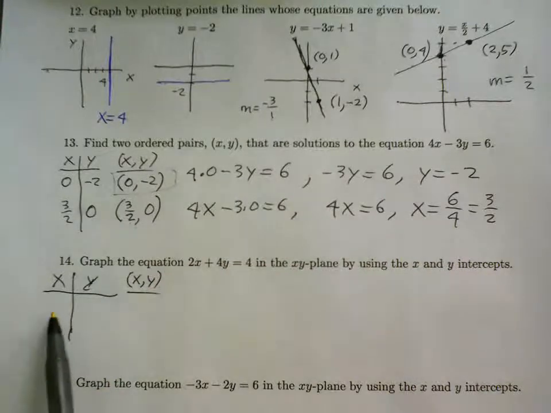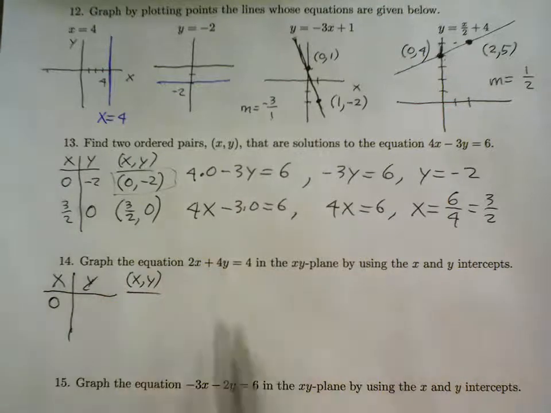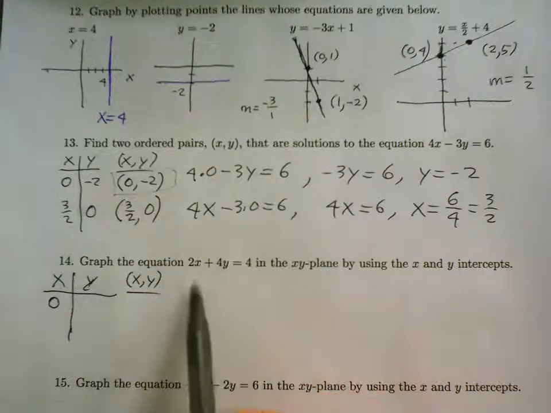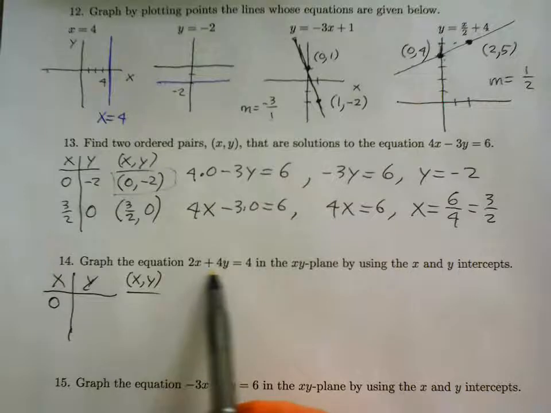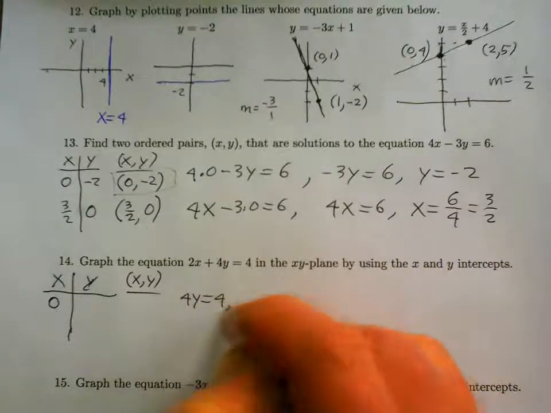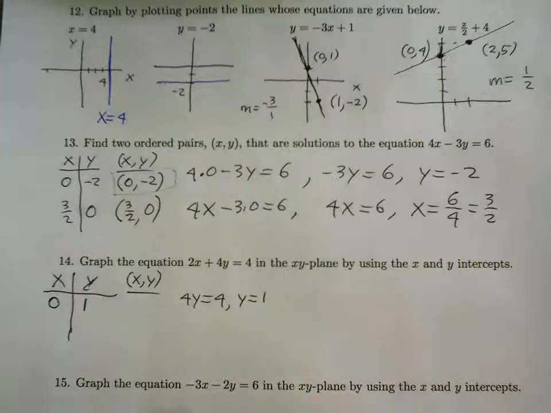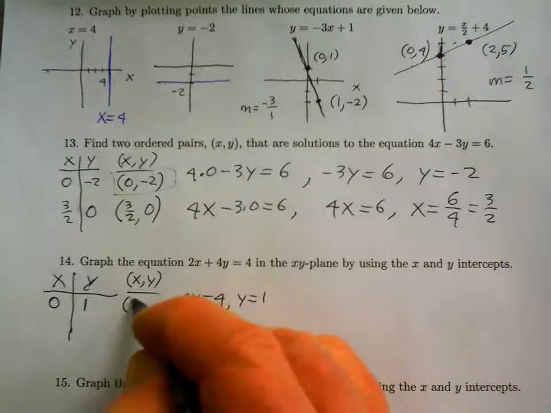So we'll find the y-intercept first. When x is 0, 2 times 0 plus 4y equals 4, that leaves us with 4y equals 4, or y equals 1. And so the y-intercept is the ordered pair (0, 1).